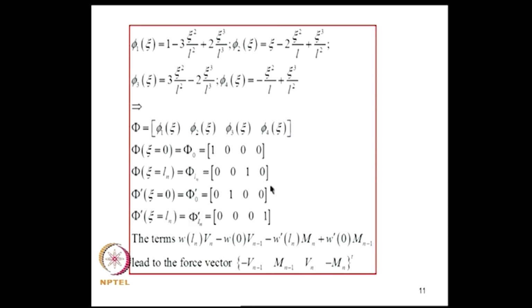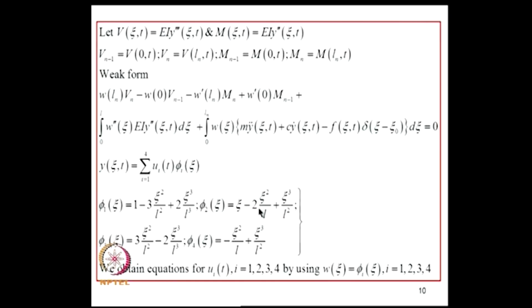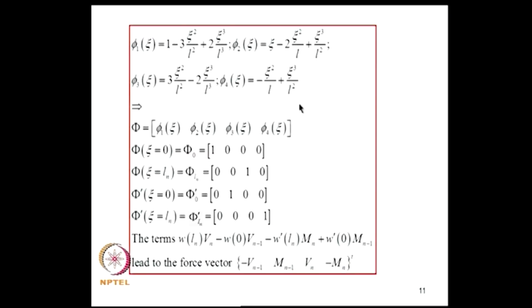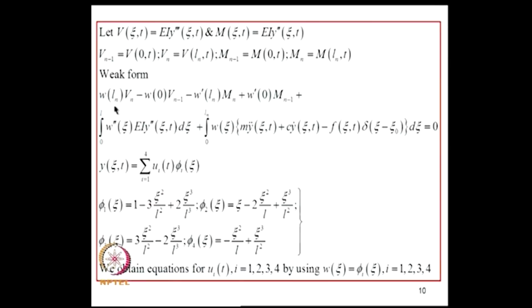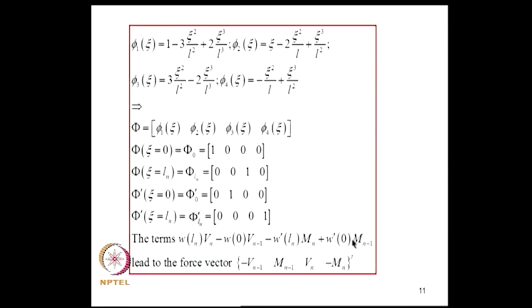Now using these relations we can take care of the terms at the boundary, and we can show that these boundary terms lead to the force vector minus V(n-1), M(n-1), Vn and minus Mn transpose because of these properties of the trial function.